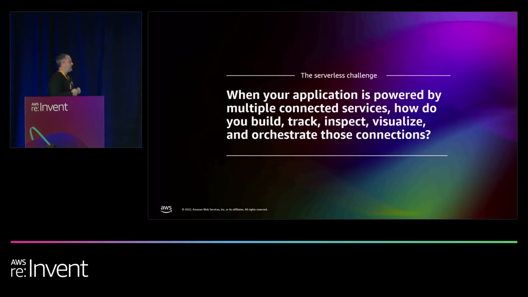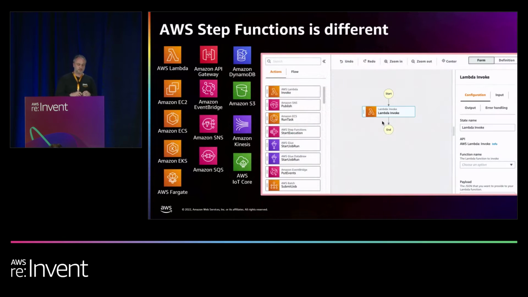And this is where Step Functions really help solve that challenge of understanding how your application is put together when it's spread out across lots of different resources and different services in AWS. It helps you visualize, build, inspect, and orchestrate the passing of data between those different services.